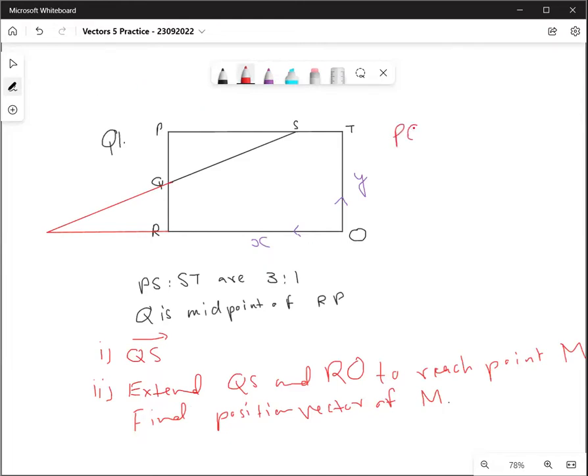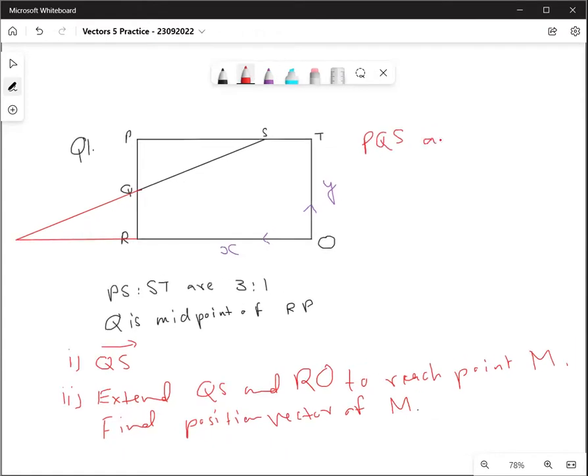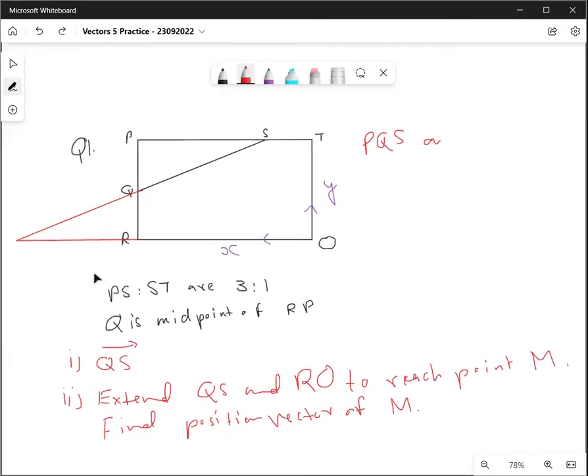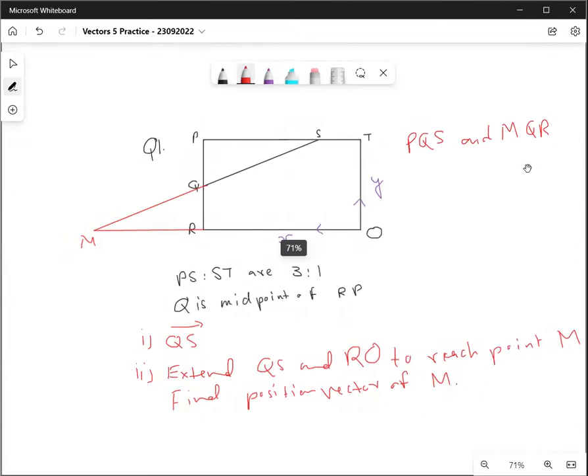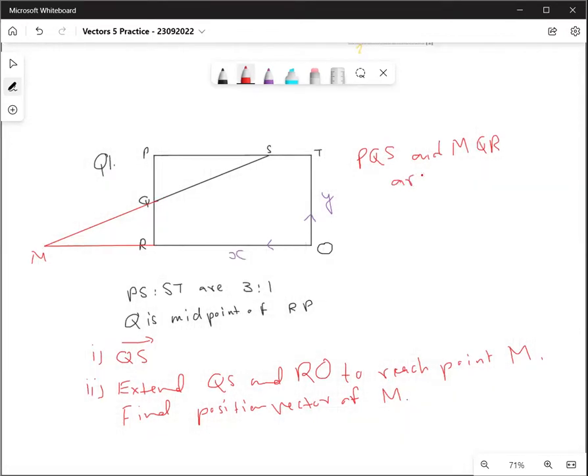PQS and MQR are congruent. So what that really means is that MQ is equal to QS. The corresponding sides are equal.